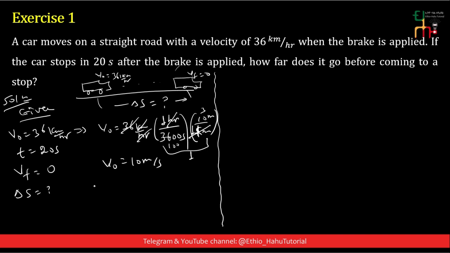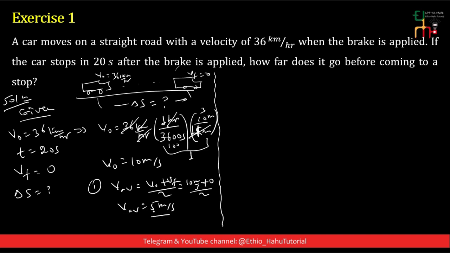One, by finding the average velocity. V average is equal to V initial plus V final divided by 2, assuming that the acceleration is uniform. V0 is 10 meters per second plus V final is 0 divided by 2. 10 by 2 is 5 meters per second.